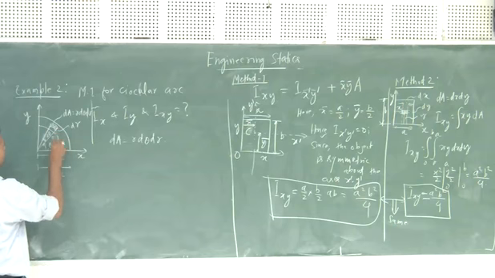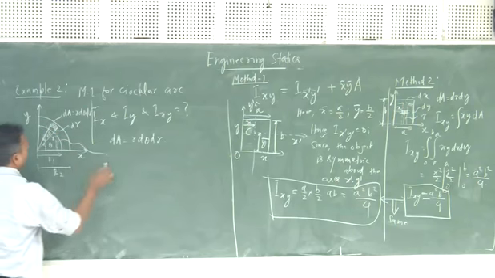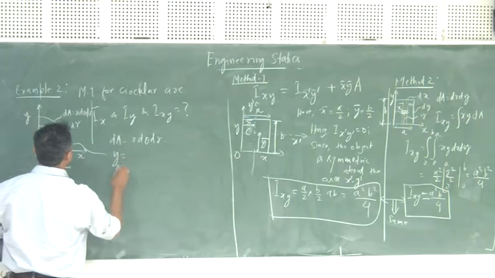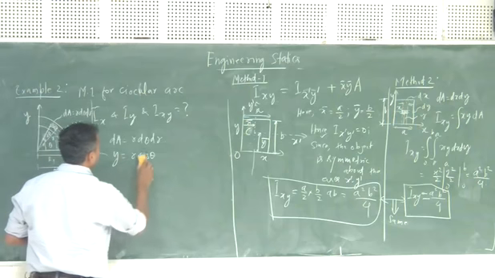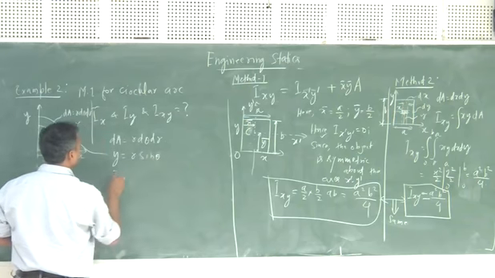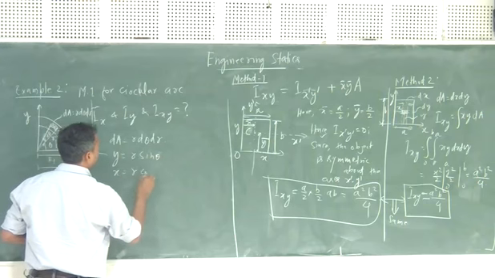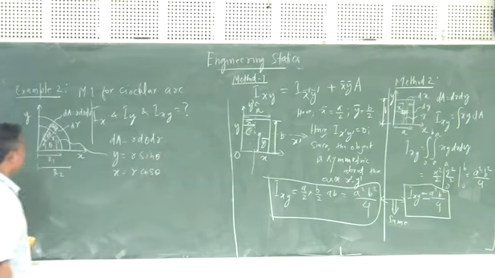Y can be written as r sin theta, and x can be written as r cos theta, right?